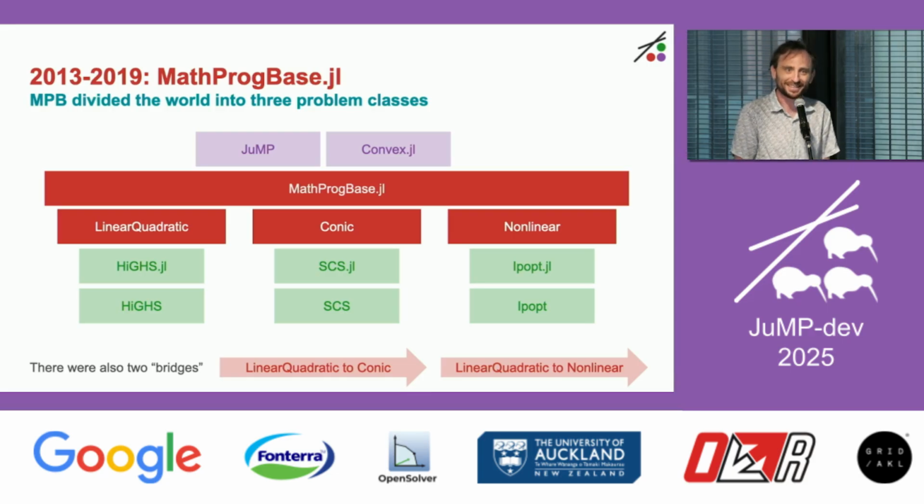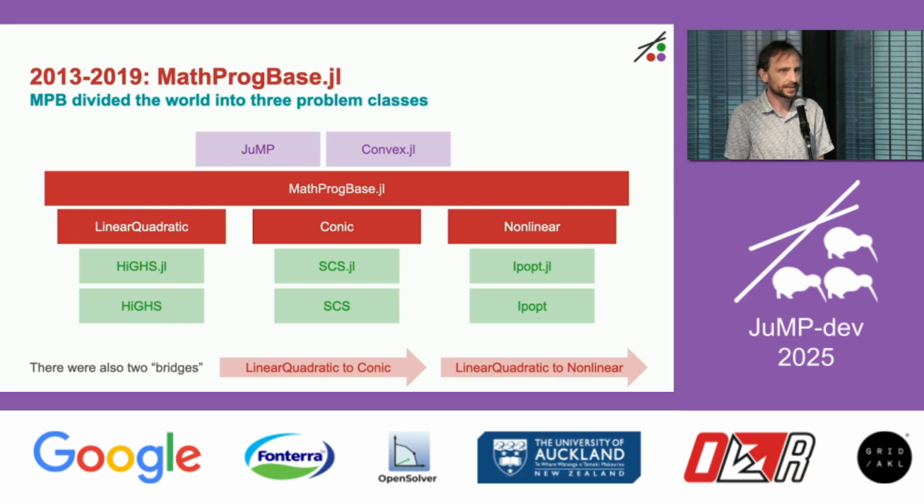So in the beginning, there was MathProgBase. And MathProgBase divided the world into three things. There was a class for linear quadratic problems. There was a class for conic problems. And there was a class for nonlinear problems. And each solver could choose one of those three classes to code to. So Gurobi and HiGHS and stuff chose the linear quadratic class.